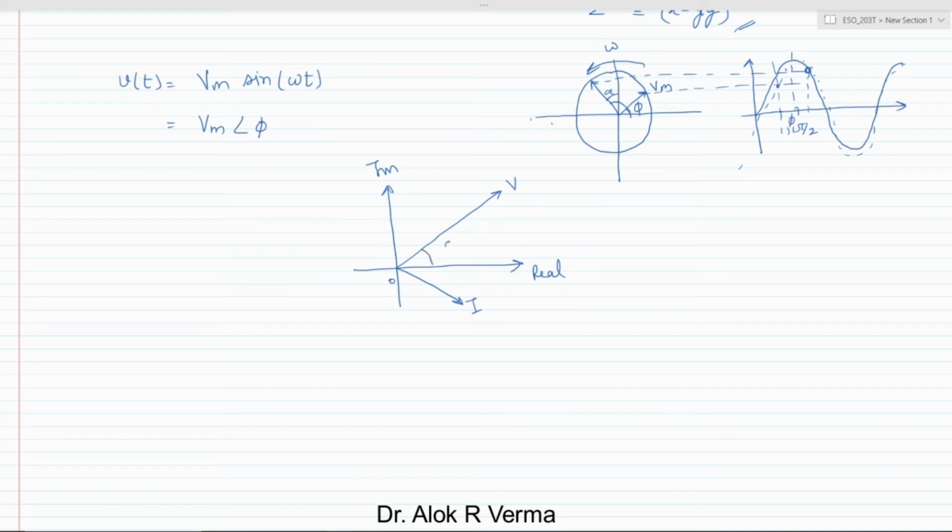The voltage has an angle of phi and the current has an angle of theta with respect to the positive real axis, and this is Vm and this is Im. Now how do you see this? In the direction of omega, it is rotating anti-clockwise, so phi is a leading angle, and theta, which is downward from the real axis, is negative, so it is a lagging angle.